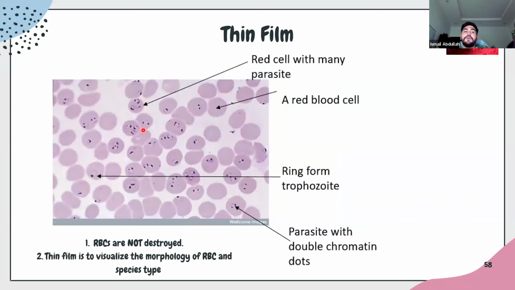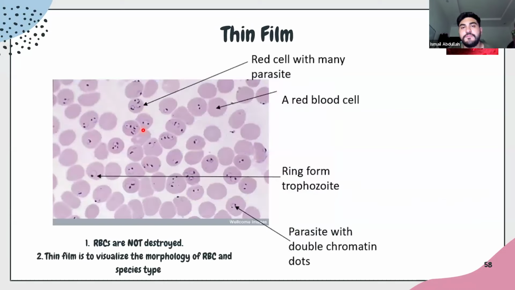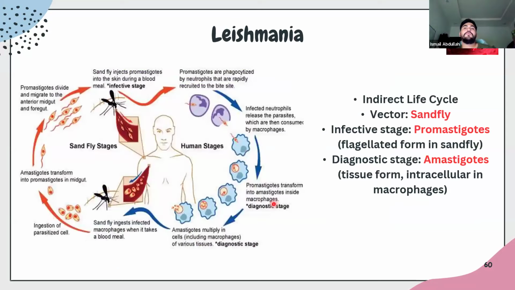So we have a thick film and a thin film. I hope it's clear. And these are the gametocytes that I just talked about. They're banana-shaped. So we're done with Plasmodium. Is that clear to you guys, or is there anything that I need to repeat?